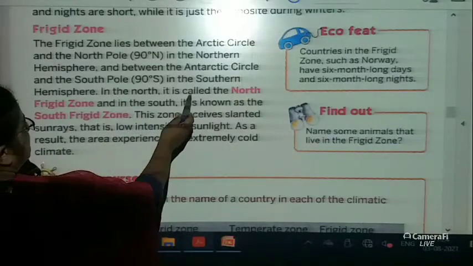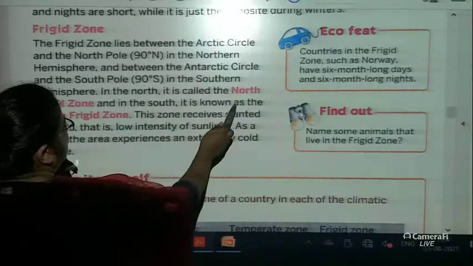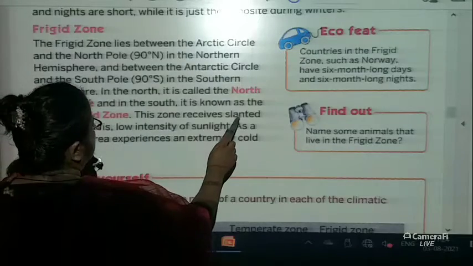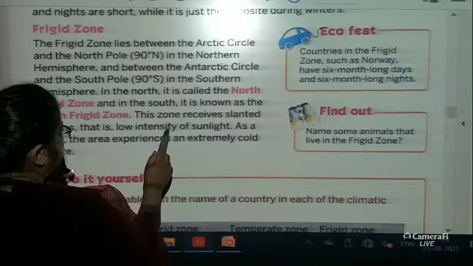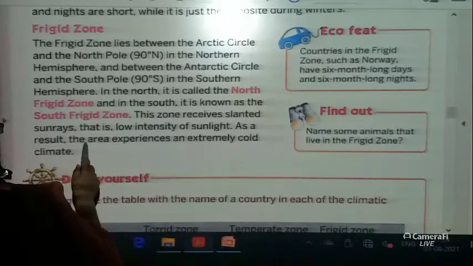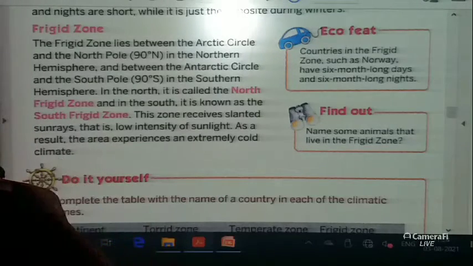In the north it is called the North Frigid Zone and in the south it is known as the South Frigid Zone. This zone receives slanted sun rays, that is, low intensity of sunlight. As a result, the area experiences an extremely cold climate.